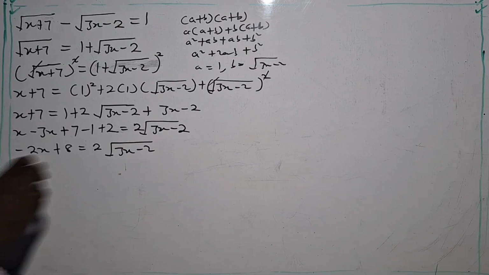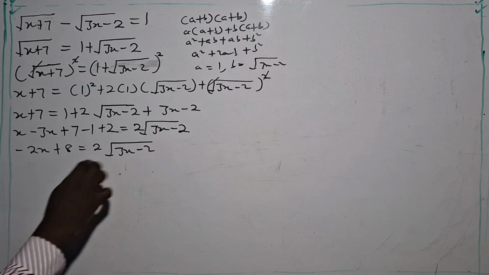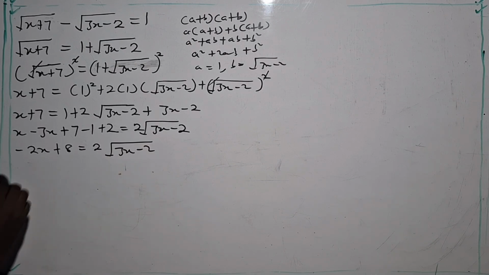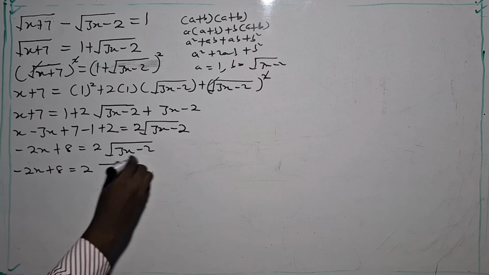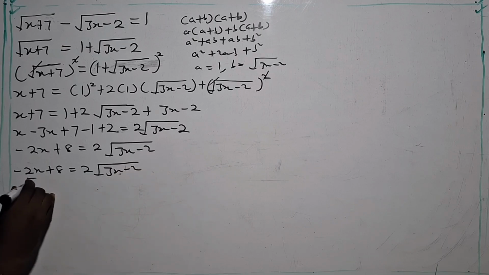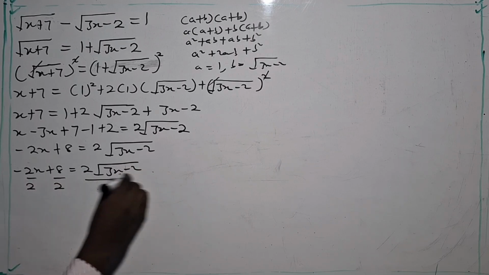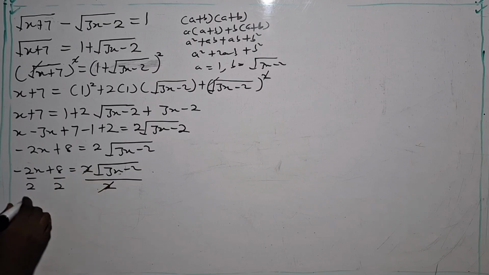We are looking for the x element. So as we did, we have to divide both sides by what? Positive 2. So negative 2x plus 8 is equal to 2 root of 3x minus 2. Divide here by positive 2, then here positive 2.